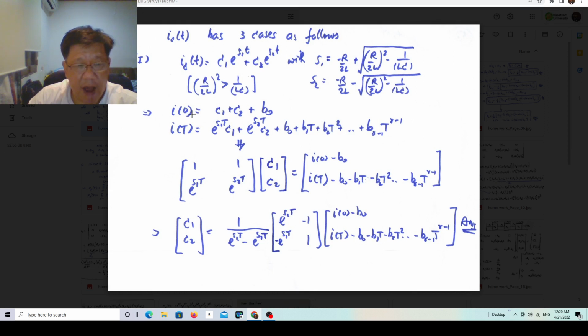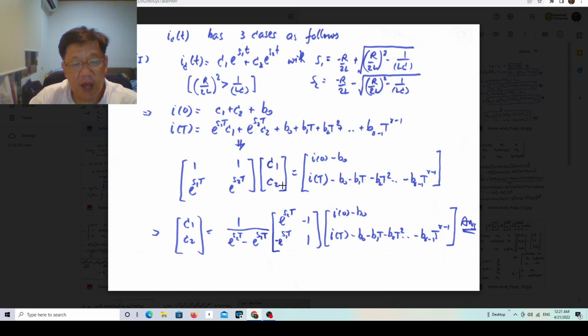Now you have the boundary conditions, i at time 0 and i at time capital T. You just substitute t equal to 0 and t equal to T, and you get two equations, whose values can be zero or non-zero, whatever you define. So you have two linear equations. Since you know s sub 1 and s sub 2, once you know the R, L, C and the interval time capital T, the right-hand side you know: the initial condition at time 0 and the boundary condition at time capital T.